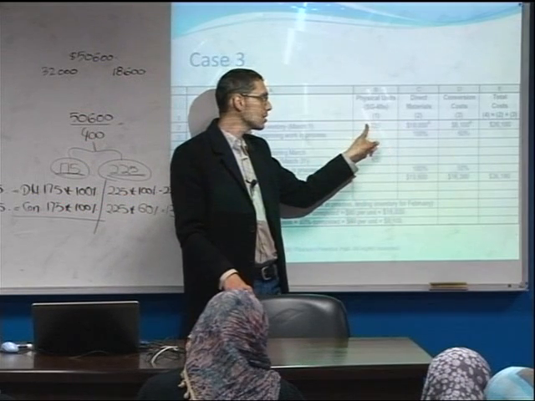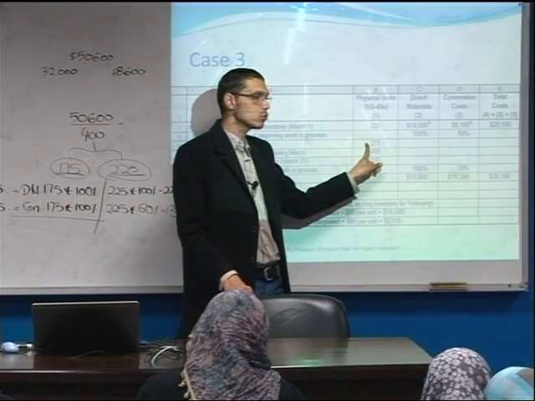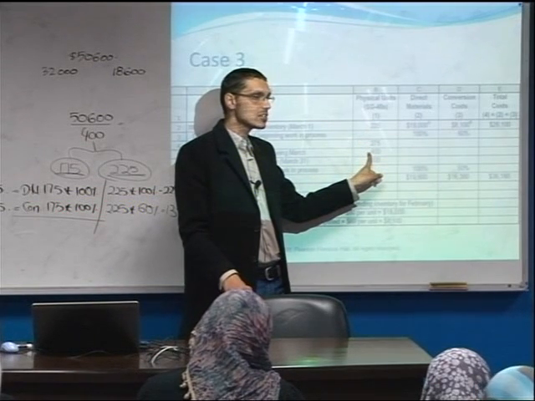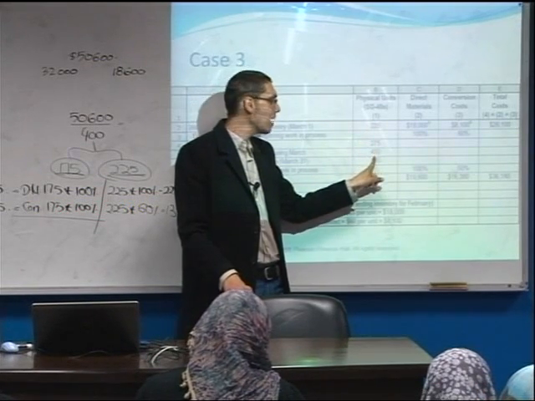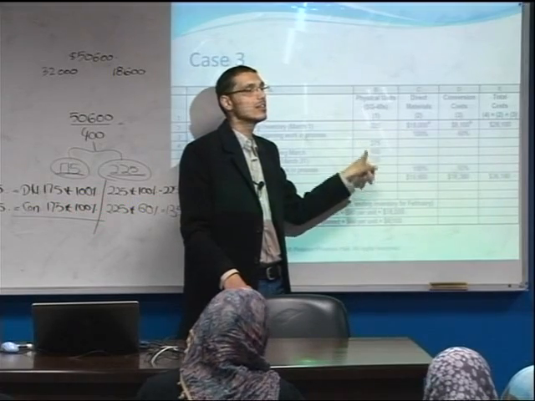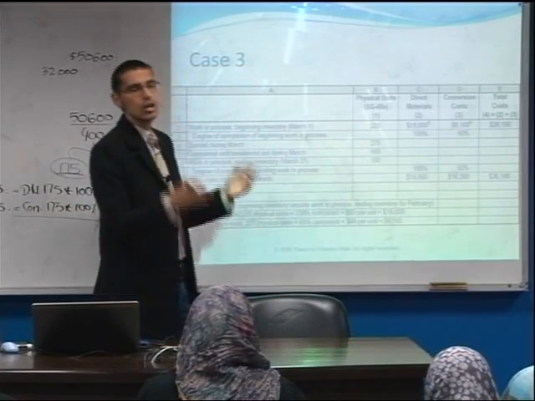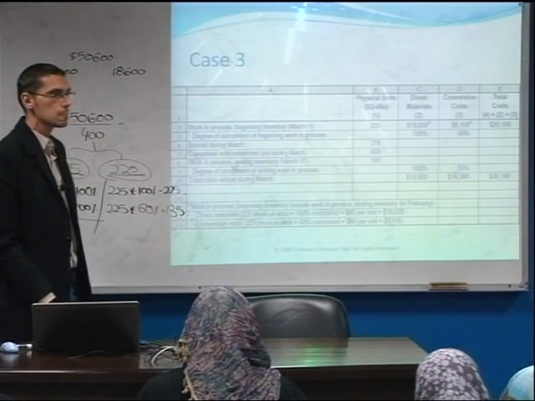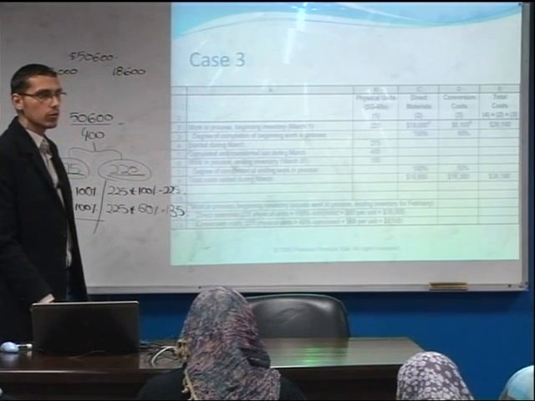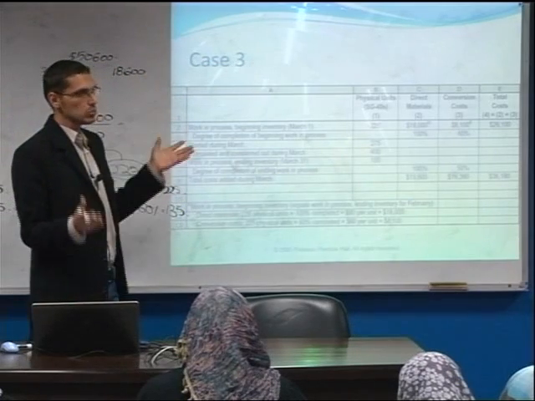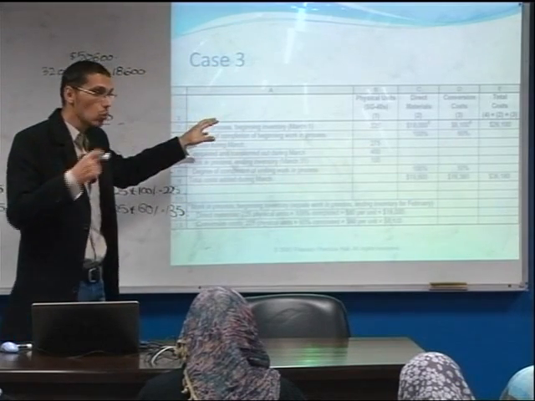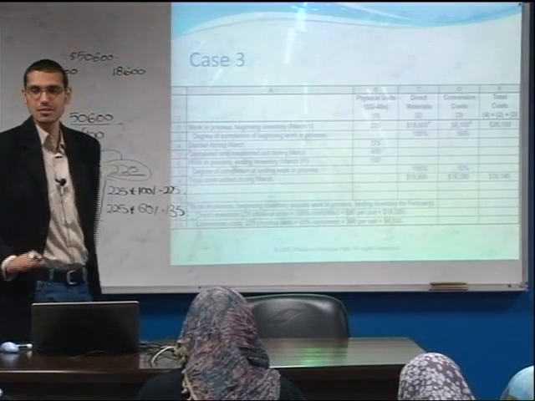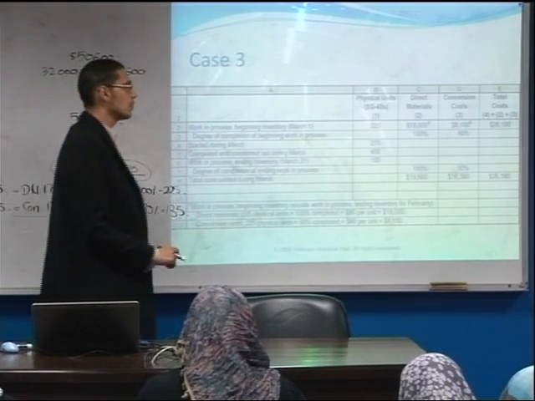Therefore, the 225 plus 275 would be 500, minus 400 completed and transferred out, which means that we have 100 units as ending work in process. As we can see here, we have beginning and ending work in process. Because we have an ending work in process, we are going to use the same 5-step procedure that has been used before.